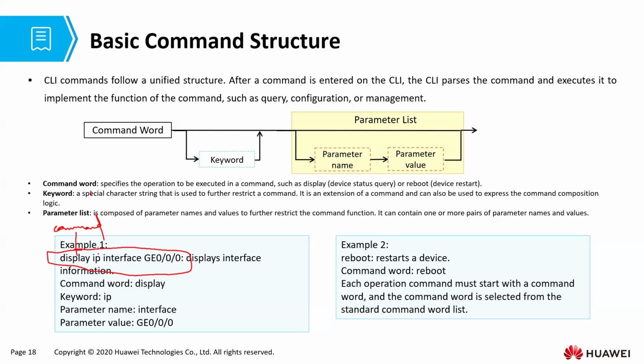In this example, we are displaying IP, so this becomes the keyword. We are displaying things to do with IP. Then we have the parameters, which can be multiple. It could be parameters with names, or parameters with values, or both. In this case, we have a parameter, which is interface. This is the name. Then a value of that interface, GigabitEthernet 0/0/0. Not very important.